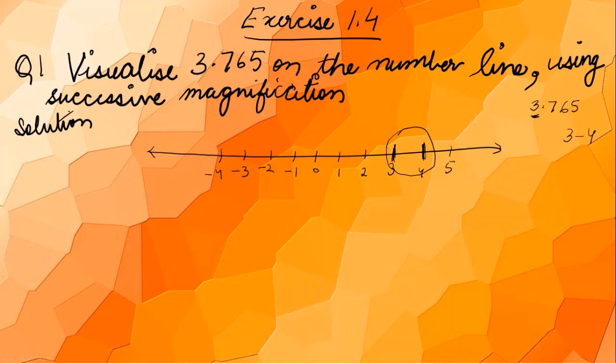Now draw another number line. Now you can see the next number is 7. So that means you will be drawing, this is your 3 and this is your 4.